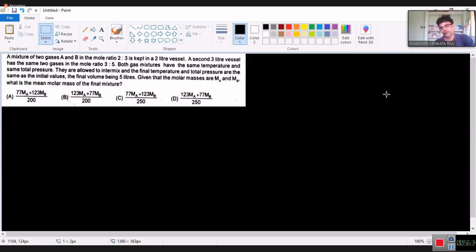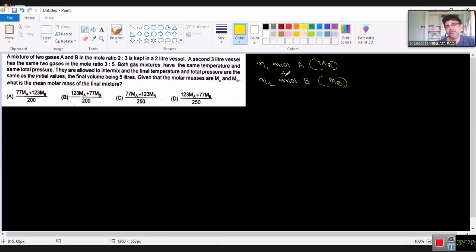I can give you a clue if you want. The clue here is: what is the mean molar mass? What do you mean by mean molar mass? Suppose there is N1 mole of A whose molar mass is Ma, and N2 mole of B whose molar mass is Mb.